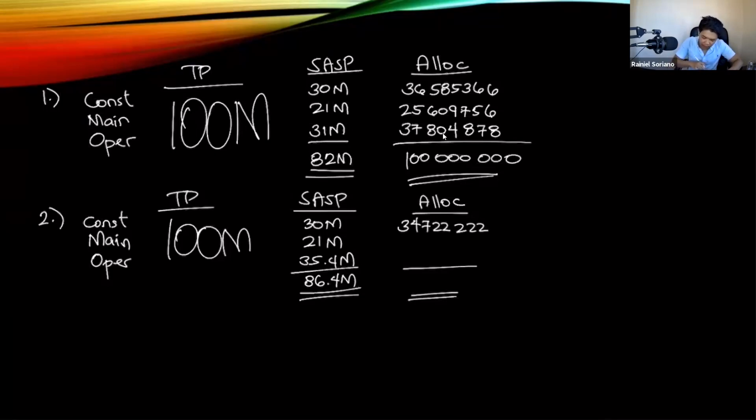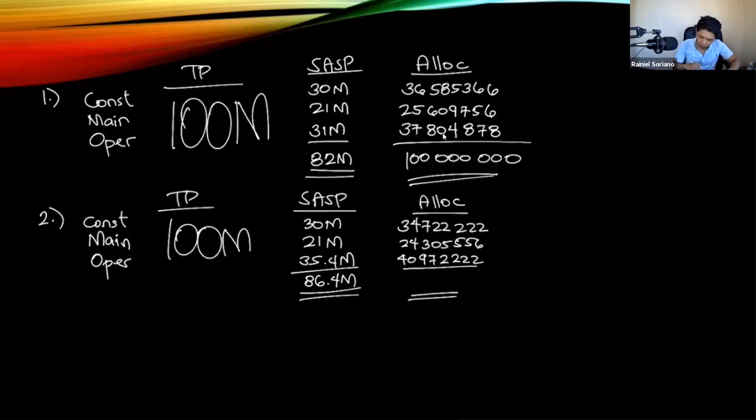For the maintenance, that's 100 million times 21 over 86.4 million, or this is equal to 24,305,556. And last but not the least, for the operation, that's 100 million times 35.4 divided by 86.4 million, or this is equal to 40,972,222.